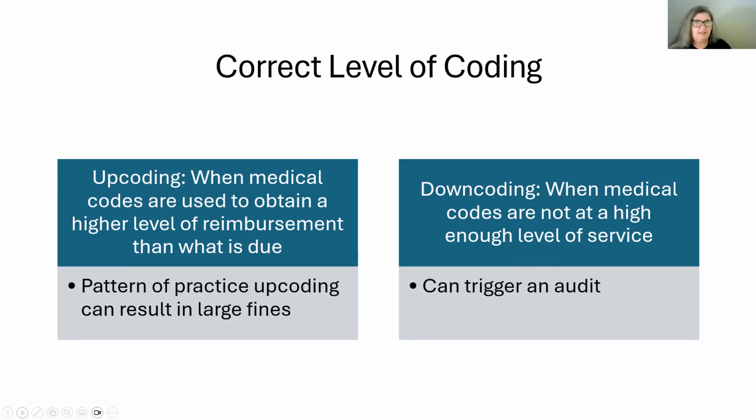So it's basically you're using codes that are going to yield higher pay than the amount of work your office actually did. Say you saw a very low level, just patient came in, quick little once over and they're gone, and you're charging for, as we talked about in CPT coding, an expanded, comprehensive visit, that would be upcoding.